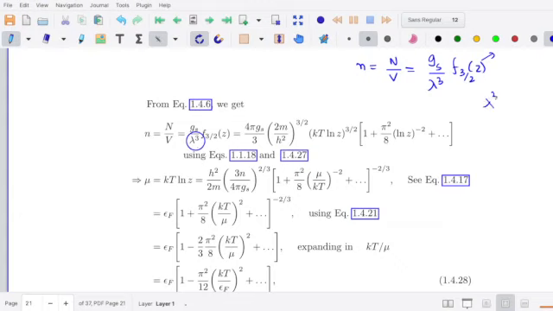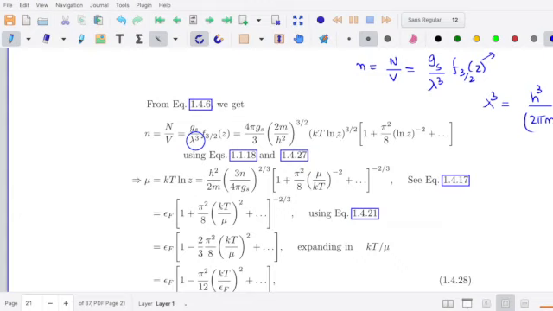Remember, lambda cubed is equal to h cubed by (2 pi m kT) to the power 3/2. So 1 by lambda cubed would be (2 pi m kT) to the power 3/2 by h cubed, and this kT can be absorbed here. So that's what we have done here.